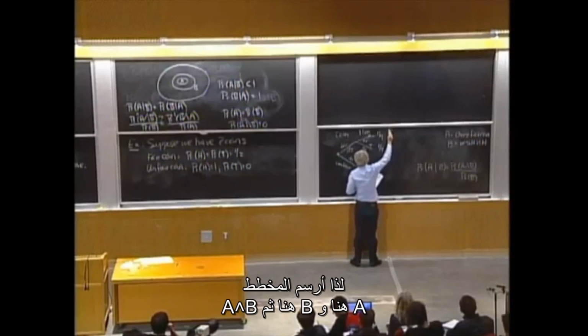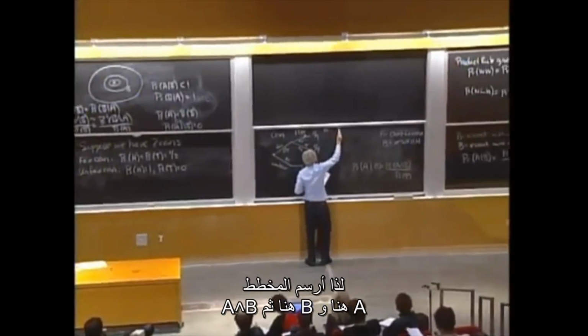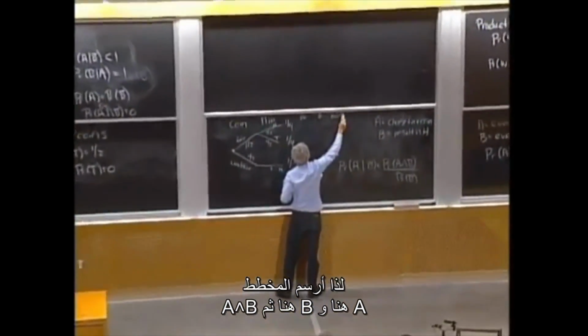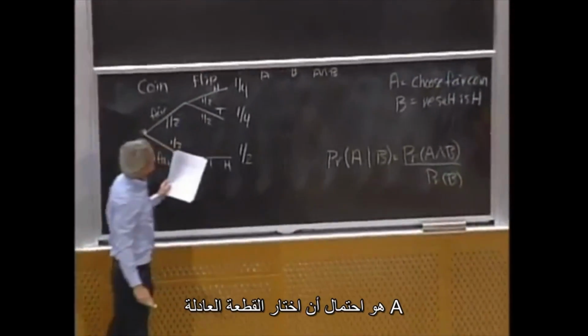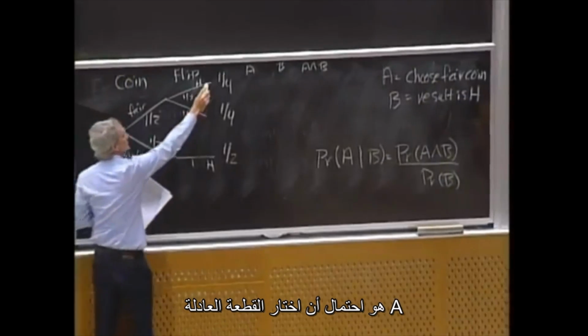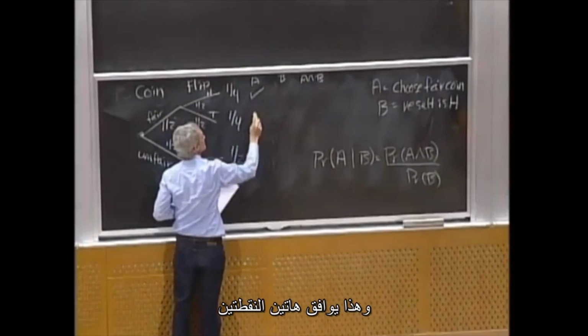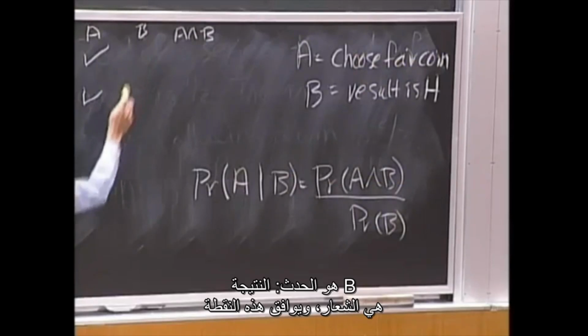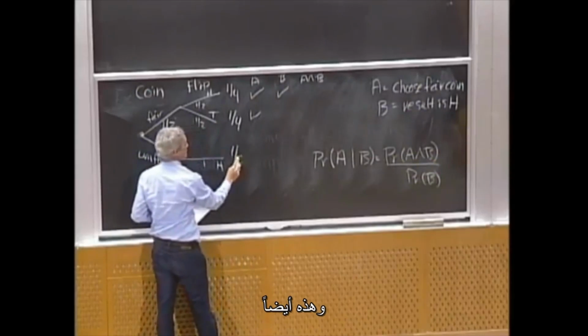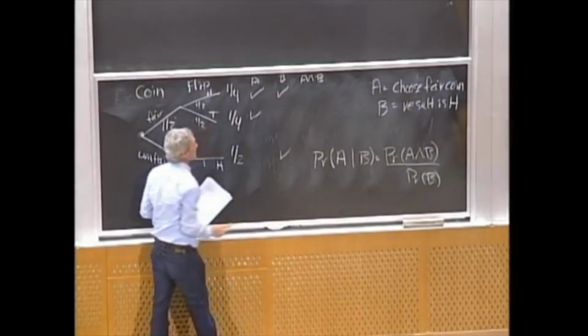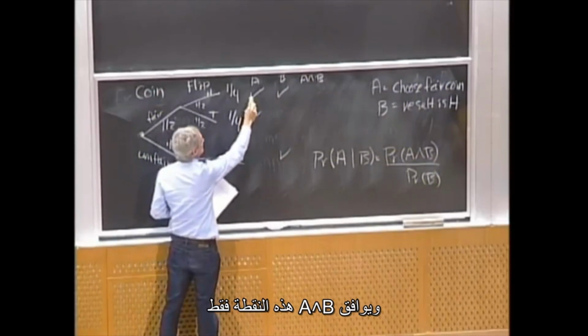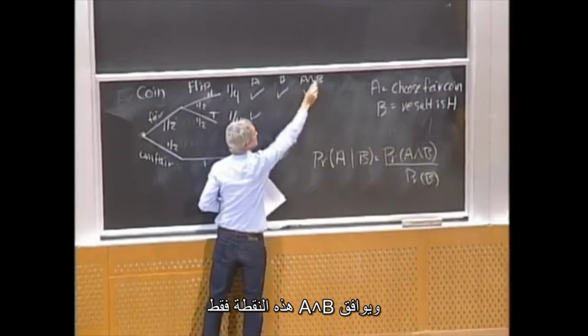So I'll make my diagram, A here, B here, A and B. A is the event I chose the fair coin. That's these guys. B is the event the result is heads. That's this one and this one. And A intersect B, that's the only point.